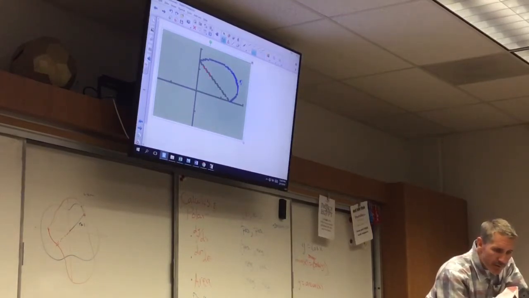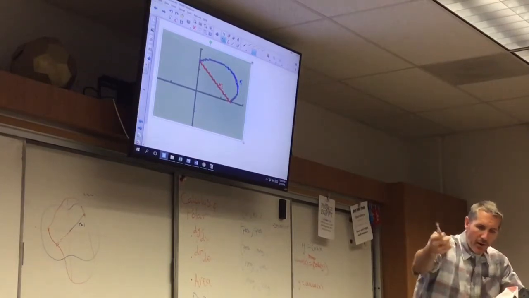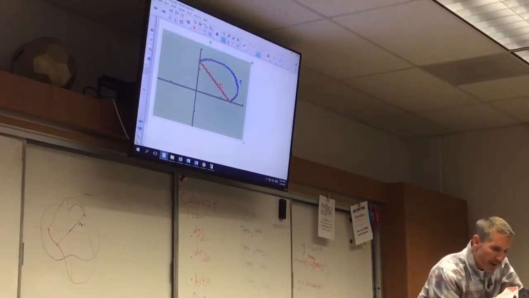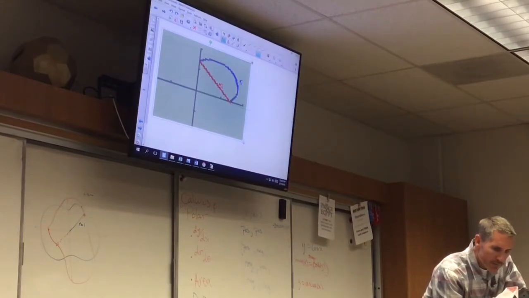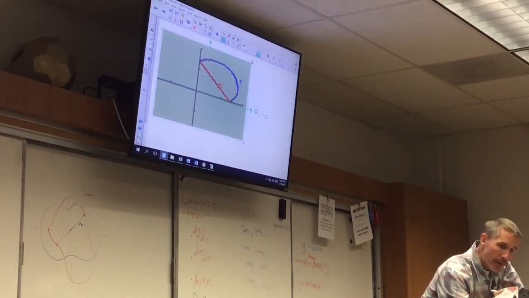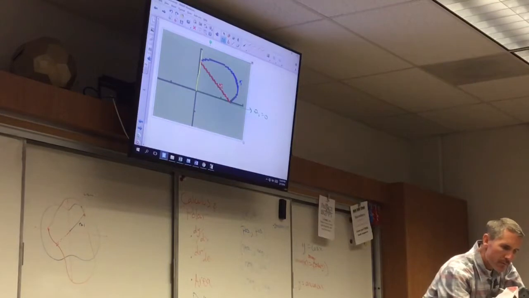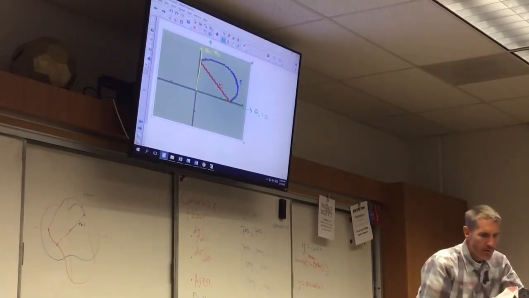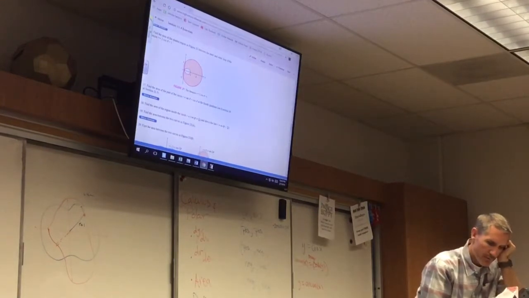And this right here is my r sub 2. And I already found out that the theta values are going to be theta 1 equals 0 and theta 2 equals pi halves.